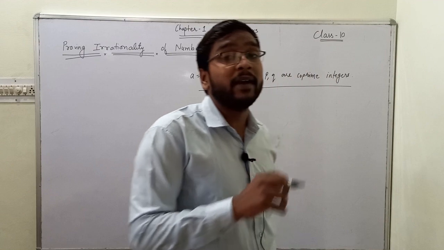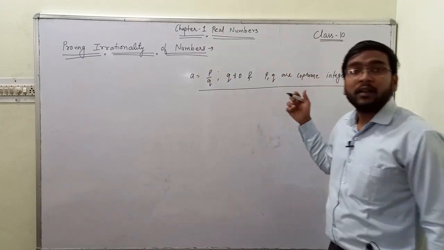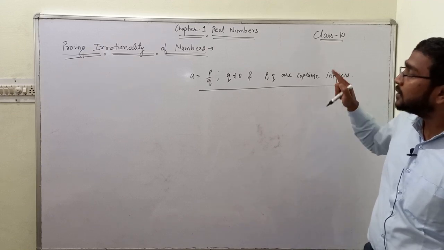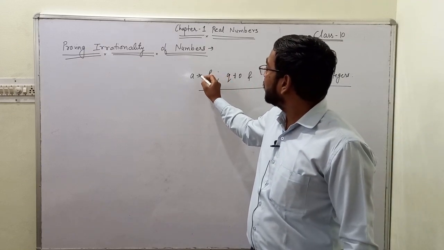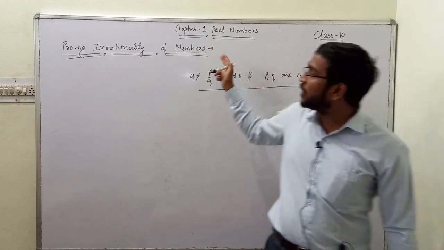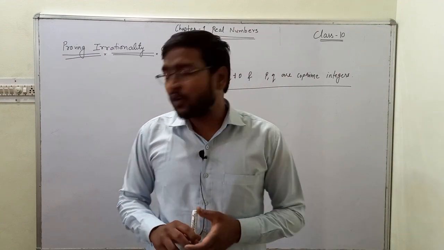If I cannot write a number in this form, then the number is said to be irrational. If this is the definition of a rational number, then if I write not equal to instead of equal to, this becomes the definition of irrational numbers. So let us now move to our first question.